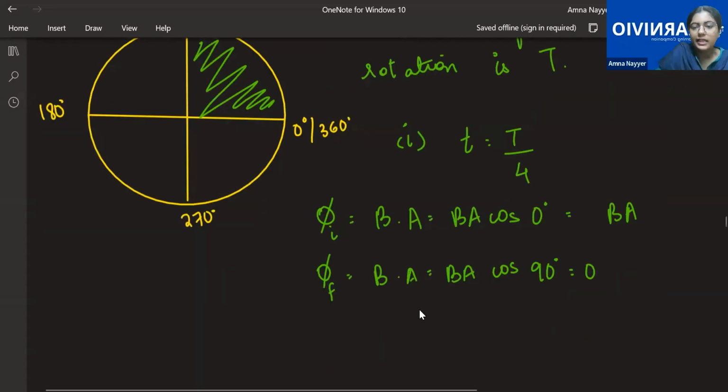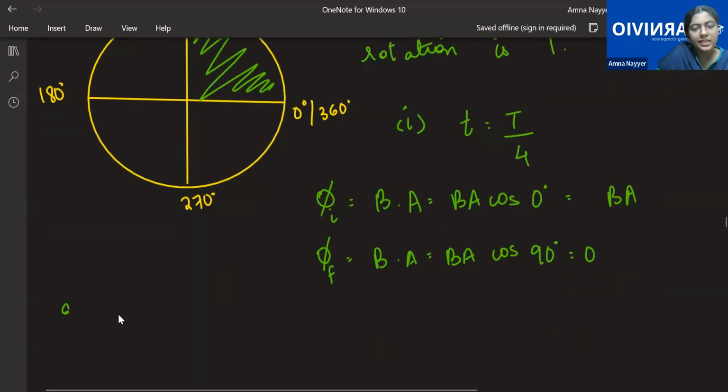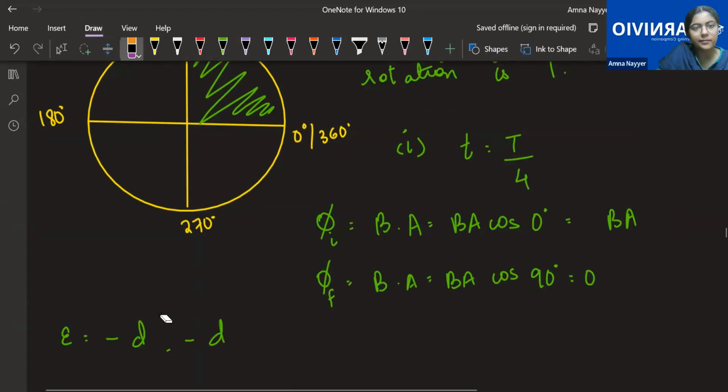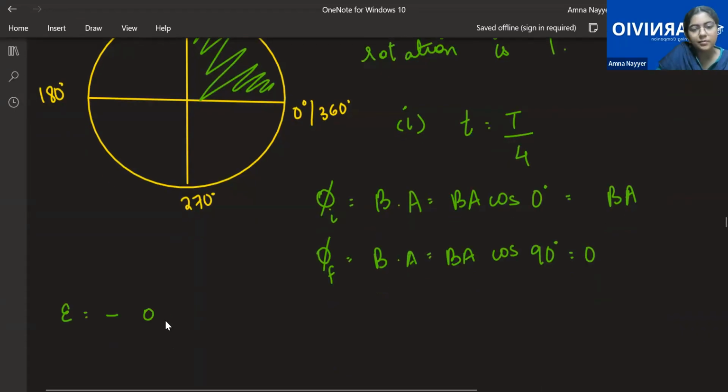Now the EMF. What is EMF? It is minus d phi by dt, or I'll use delta because this is not changing with respect to anything. This will be minus final flux minus initial flux, divided by the time.